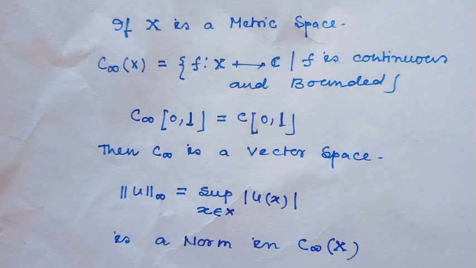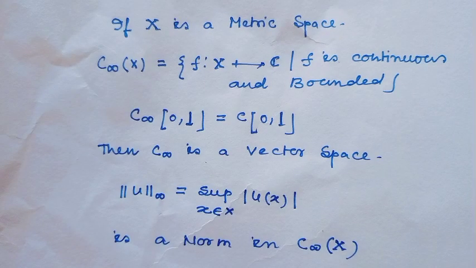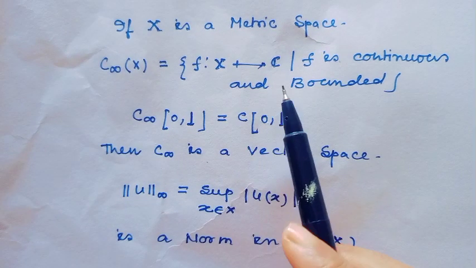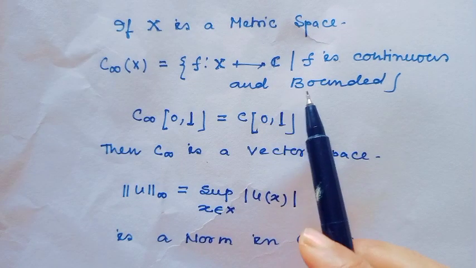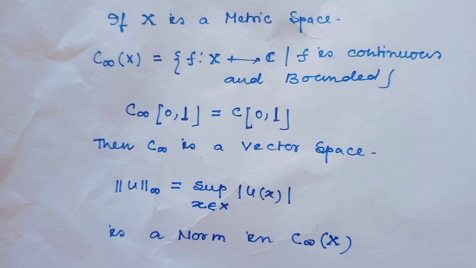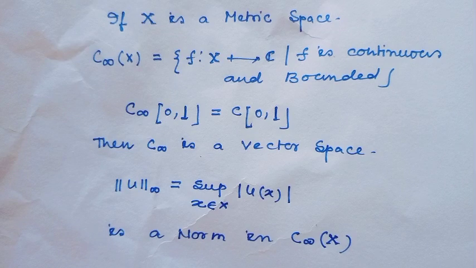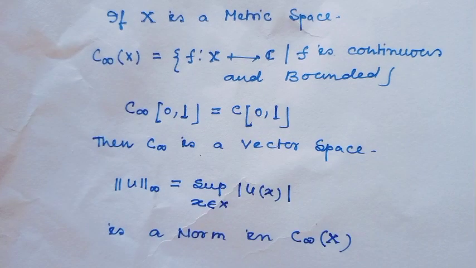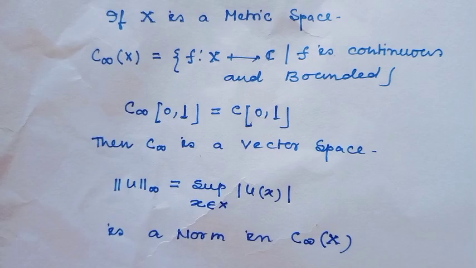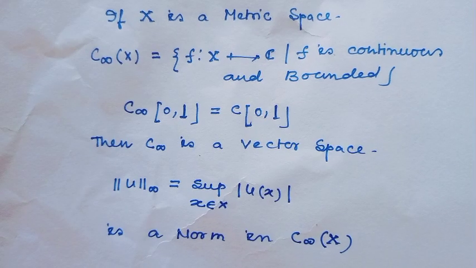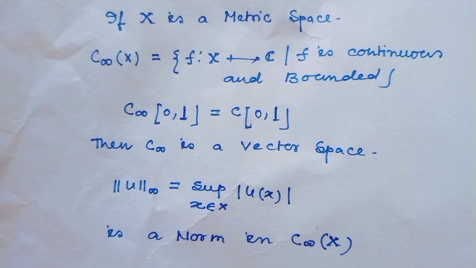Now consider the second example. Let X be a metric space and C infinity of X be the set of all functions defined from X to C such that f is continuous and bounded. Then C infinity of the closed interval [0, 1] is always equal to C[0, 1]. Obviously C infinity is a vector space. Just think, because this is very easy, why C infinity is a vector space.